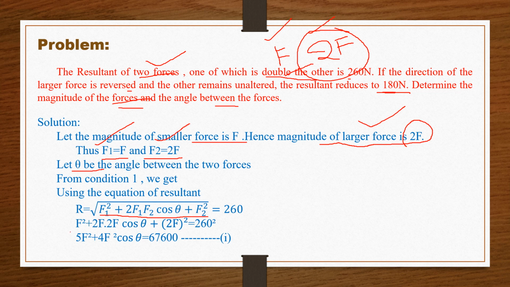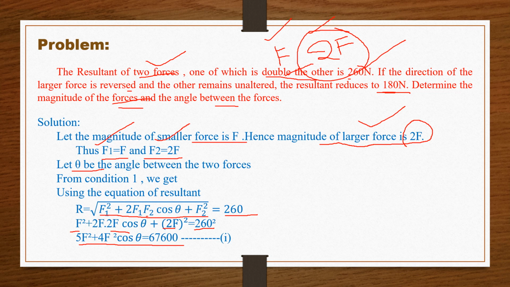So in F1's place substitute F, in F2's place substitute 2F, here also in F2's place substitute 2F. In the resultant's place, in the first condition, the resultant force is 260 newtons, so substitute R equals 260. Then simplify this equation and we get 5F square plus 4F square cos theta equals 67,600. Assume this as equation number 1.